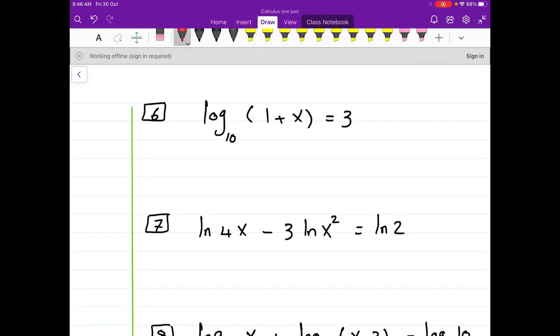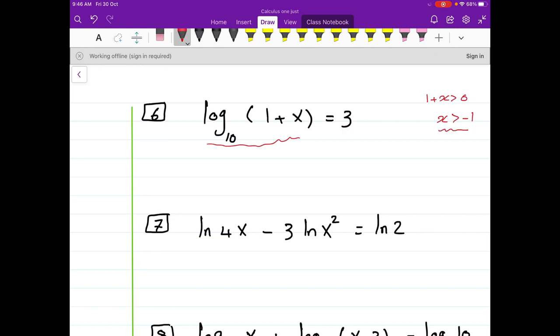To solve the equation log of 1 plus x equals 3 for the base 10, before we solve, what is the domain for this function? The domain is x greater than minus 1. Why? Since inside the log, 1 plus x must be positive, so x is greater than minus 1.